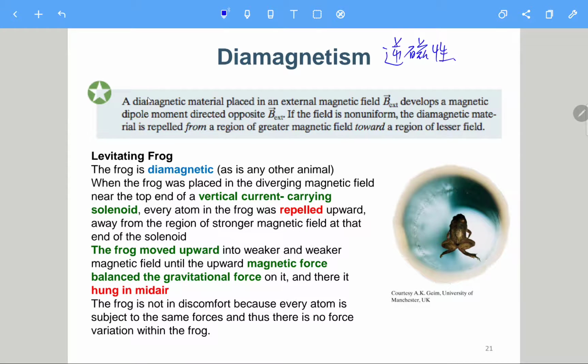A diamagnetic material placed in an external magnetic field, B external, develops a magnetic dipole moment directed opposite to B external. If the field is nonuniform, the diamagnetic material is repelled from a region of greater magnetic field towards a region of lesser field.